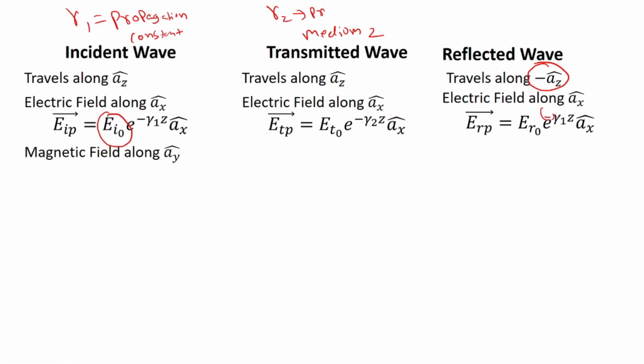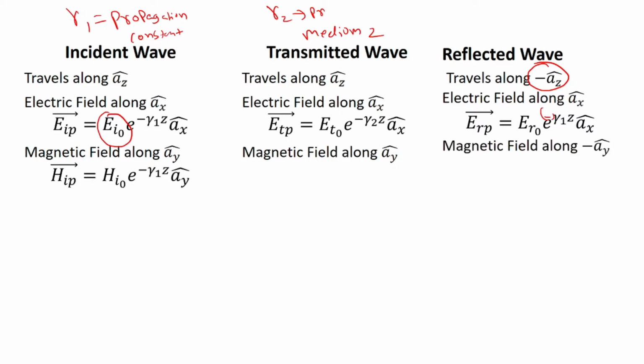The magnetic field of the incident wave is along ay cap, and the magnetic field of the transmitted wave is along ay cap, but the magnetic field of the reflected wave is along minus ay cap. Therefore, HIp bar would be equal to Hi0 exponential of minus gamma 1z ay cap, HTp bar is equal to Ht0 exponential of minus gamma 2z ay cap, and HRp bar is equal to minus Hr0 exponential of gamma 1z ay cap.